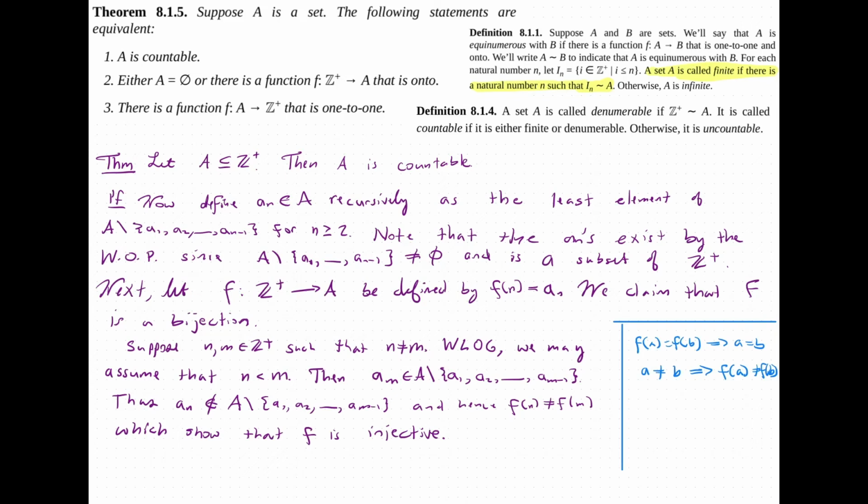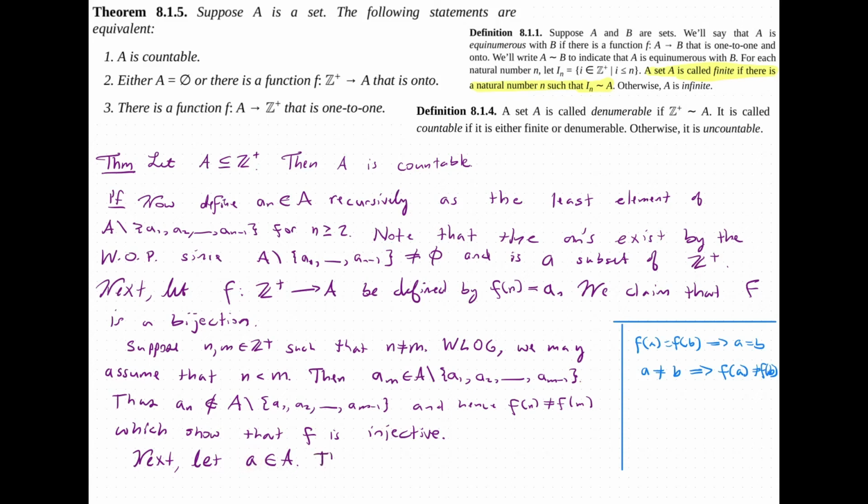So next, to show that it's surjective, we want to choose an arbitrary element of A and find a positive integer that maps to it. And so we're going to choose some arbitrary element a of A. But now A is a subset of the positive integers, so lowercase a is a positive integer.